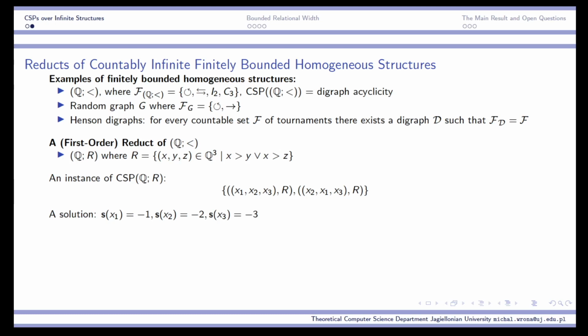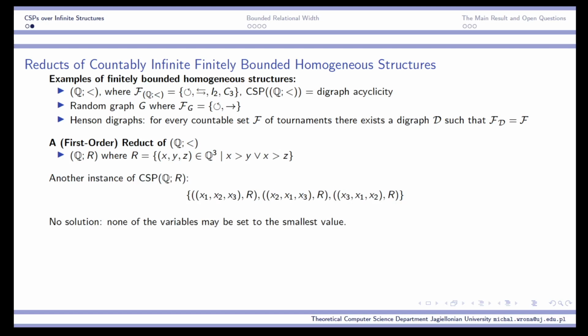Indeed, -1 is greater than -2 and -2 is greater than -3, but when we add another constraint saying that x3 cannot be the smallest, we cannot choose the smallest value for any constraint, so these three constraints displayed here are not satisfiable.